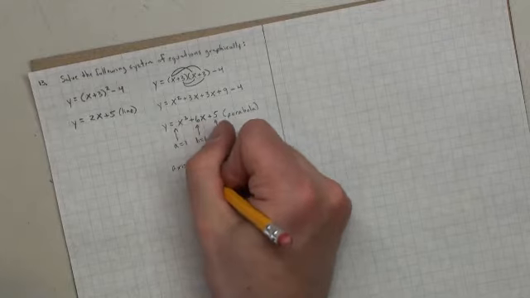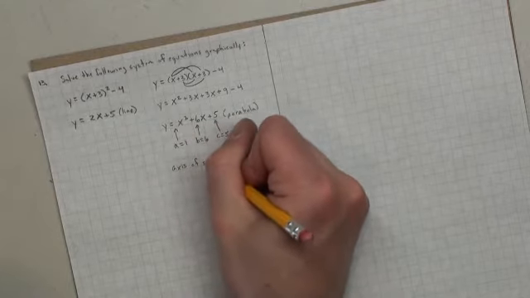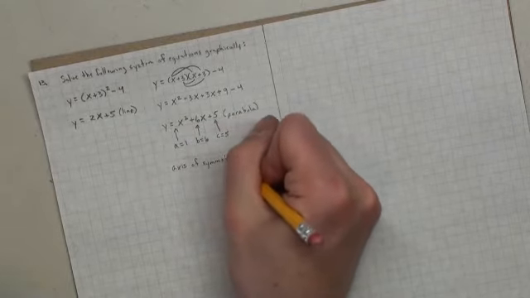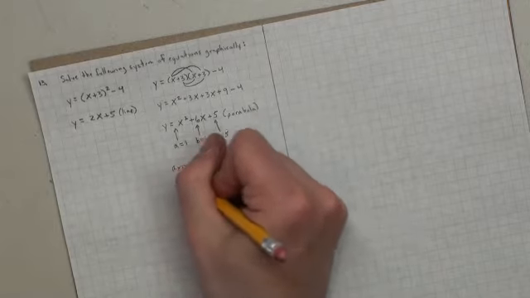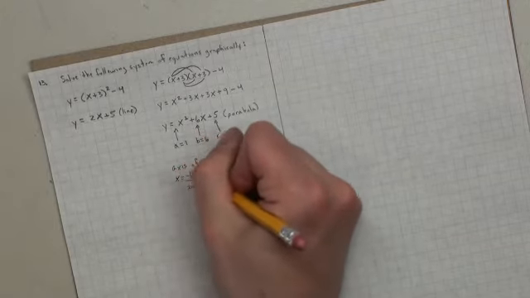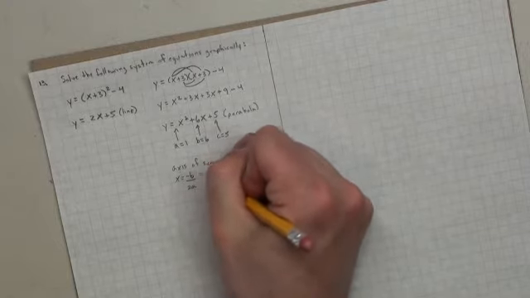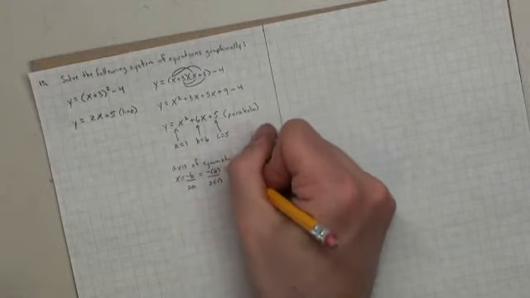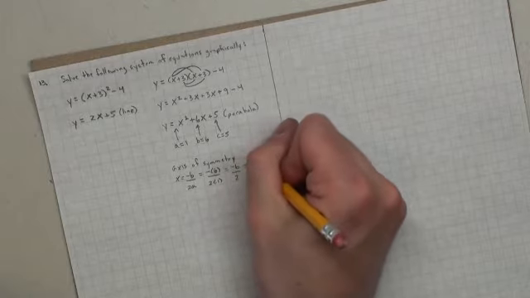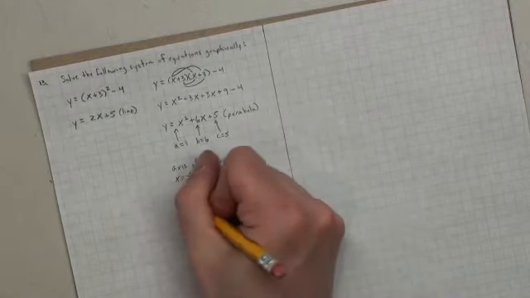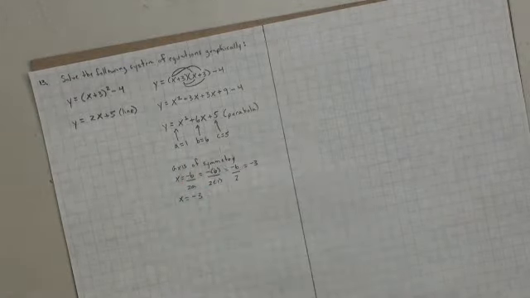So now let's find the axis of symmetry. X equals negative b over 2a, which is negative 6 over 2 times 1. So that's negative 6 over 2, so negative 3. X equals negative 3 is our axis of symmetry.